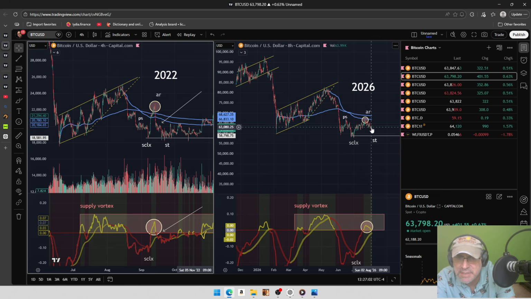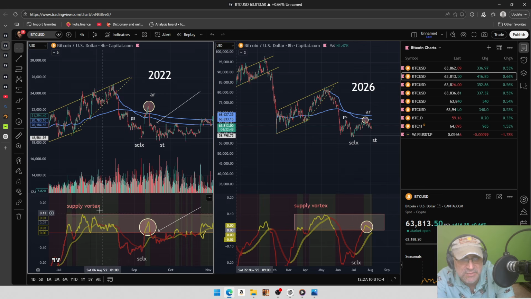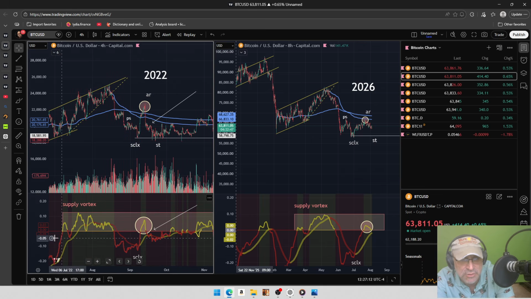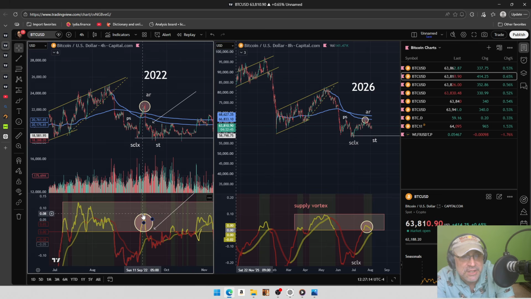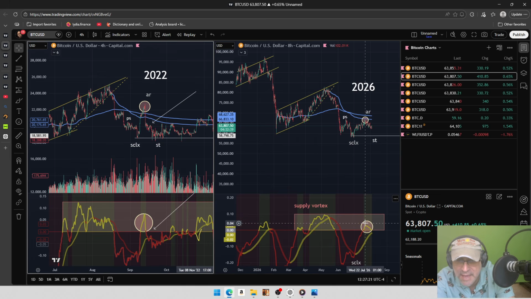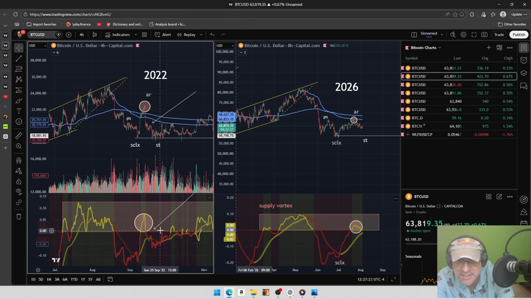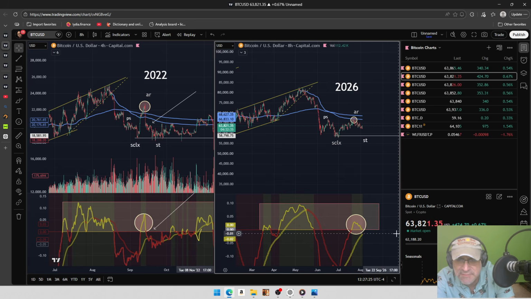Now we are beneath the anchored VWAP pocket, as we were 4 years ago in the same area. Then we see the corresponding place with the supply vortex in the NUPL. Also, you see this inverted V kind of shape that would correspond to this area for us today in the vortex.